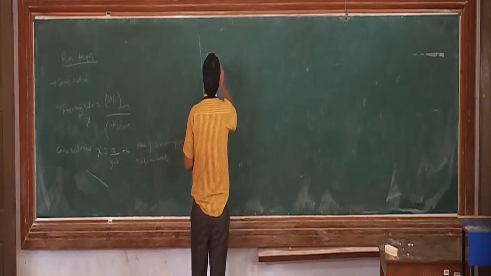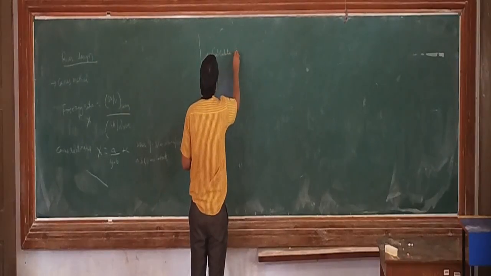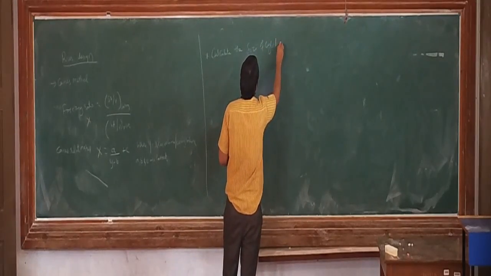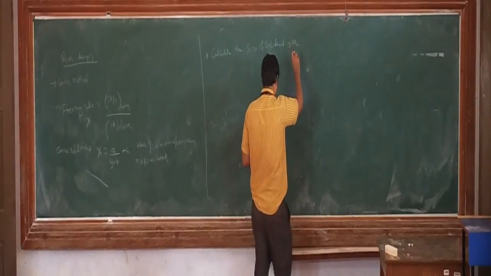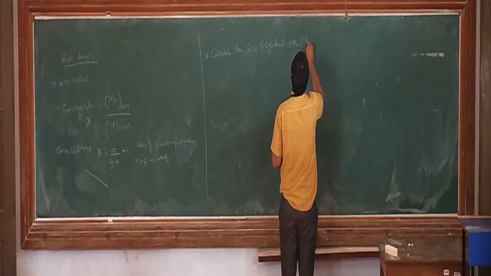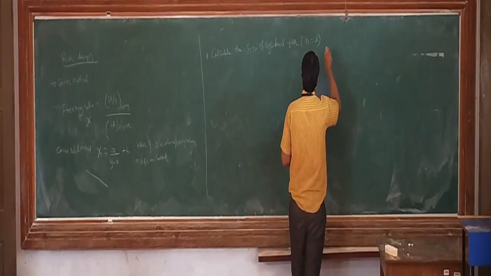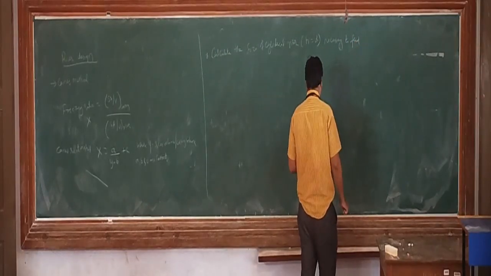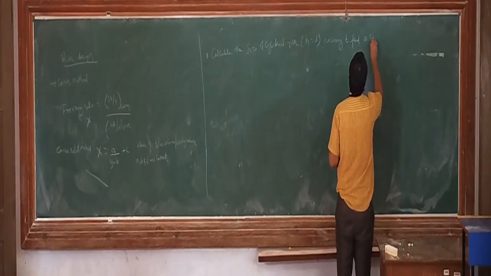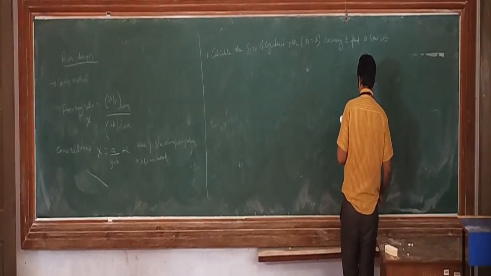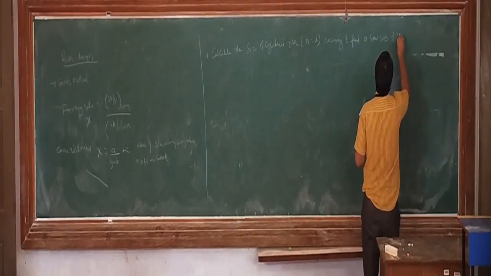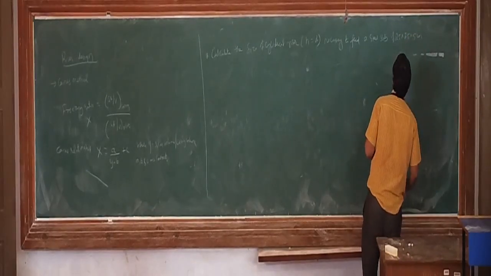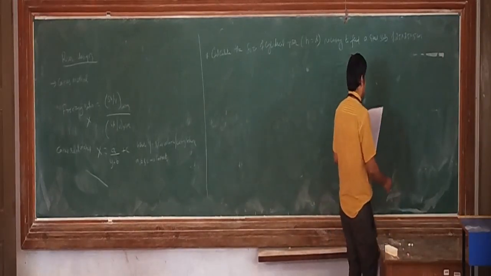So, calculate the size of a cylindrical riser, height is equal to diameter, necessary to feed a steel slab of 25 centimeter by 25 centimeter by 5 centimeter, with top riser.